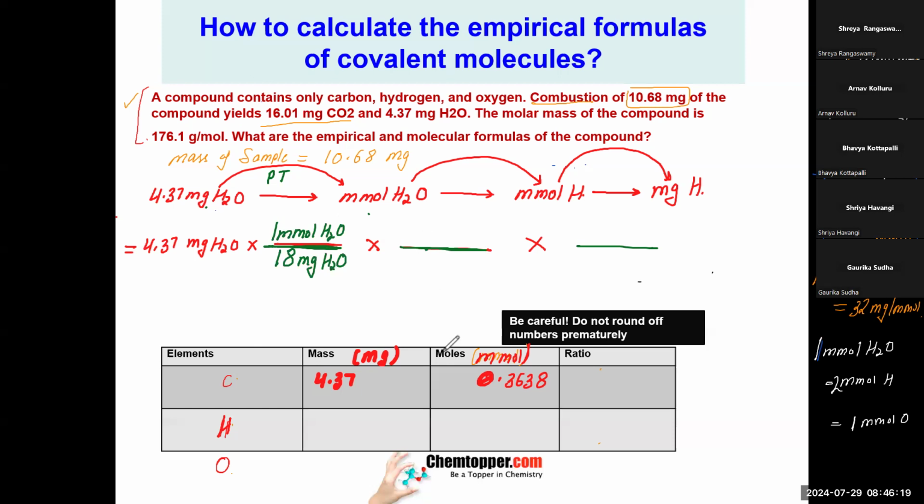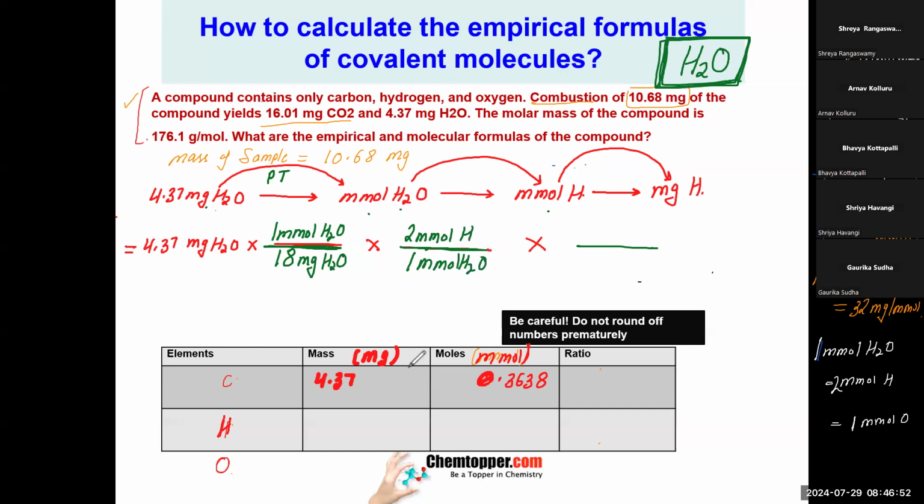Arnav, millimoles of water to millimoles of hydrogen. Look at the formula of water, H2O. In 1 millimole of water, how many millimoles of hydrogen are there? Arnav, good. Excellent, Shreya R, and Arnav, very good. 2 millimoles of hydrogen over 1 millimole of water.